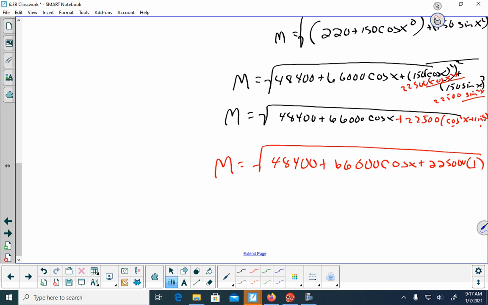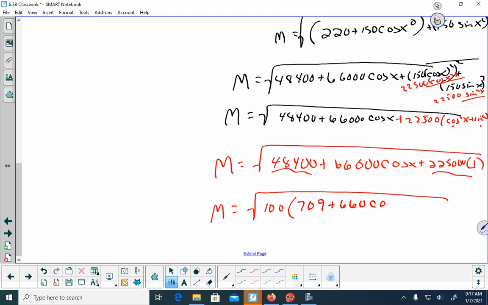I realized that everything is divisible by 100, so I factored out a 100 and combined my terms. I added this and this, and I ended up with 100 times 709 plus 660 times the cosine of x.